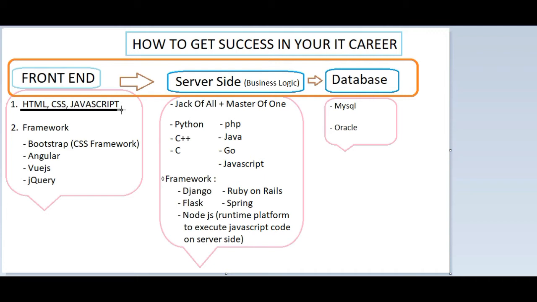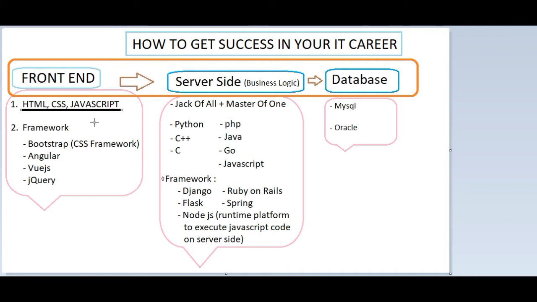In front end, first of all, the languages you are going to need are HTML, CSS and JavaScript. These are the basic languages which you need to master. If you are in web development, you must be very good at least at HTML and CSS. After learning the languages, you need to look at the frameworks.